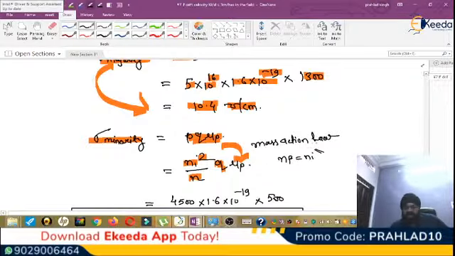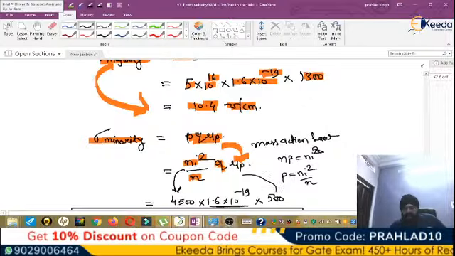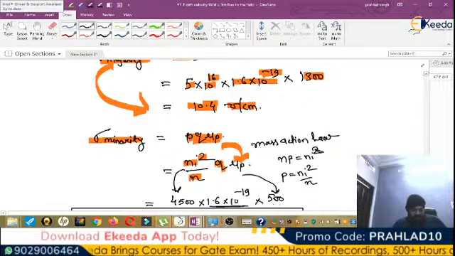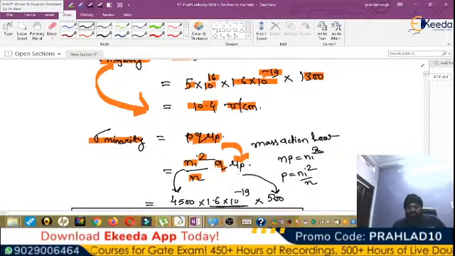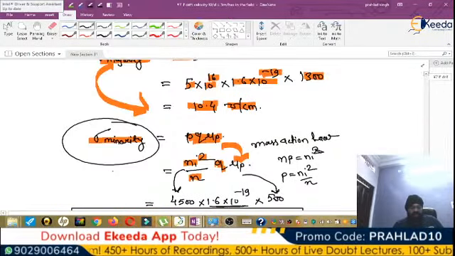The mass action law is n p equals Ni square, right? So we have calculated p, which is equal to Ni square by n. So this we will calculate. Then this answer is 4500 into the charge 1.6 into 10 raised to power minus 19 and mu p, which is 500. So this is our required answer for the conductivity due to minority charge carriers.